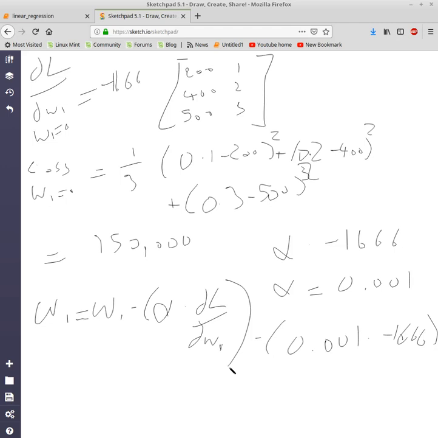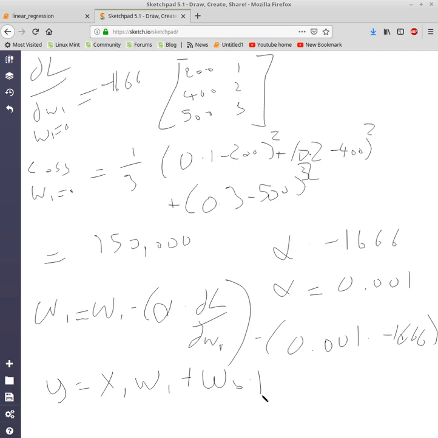Now, if we go back to the equation as before, y equals W1 times x1 plus a bias term, WB times 1, where we included a bias, how will we use gradient descent to solve for this?